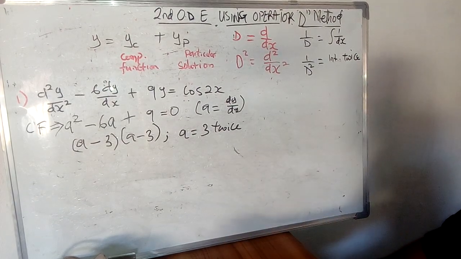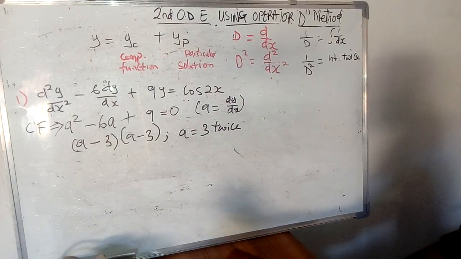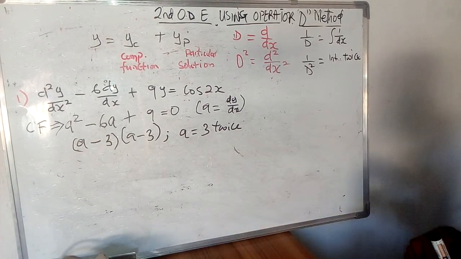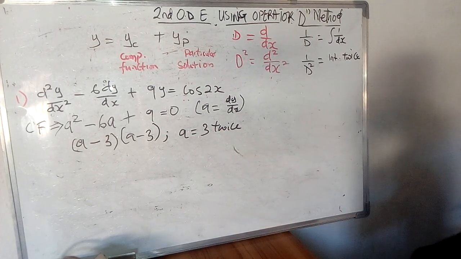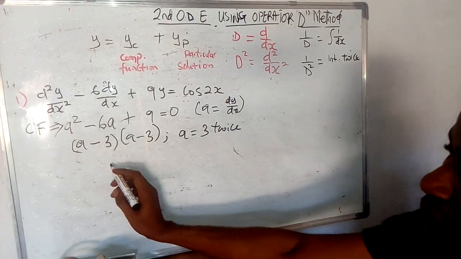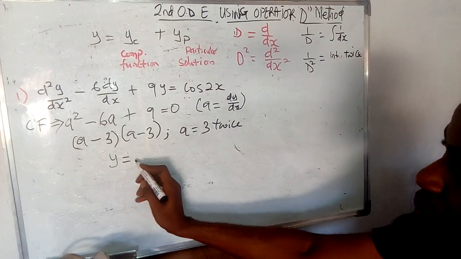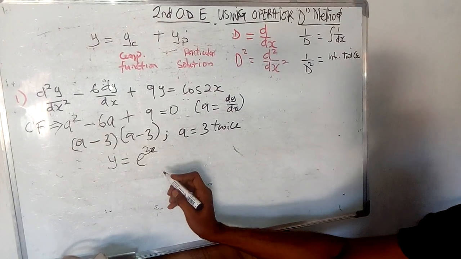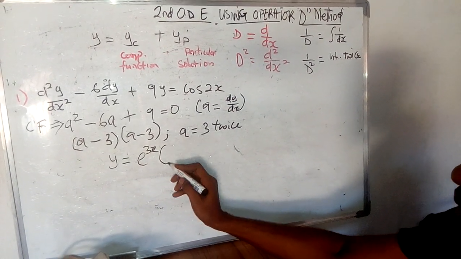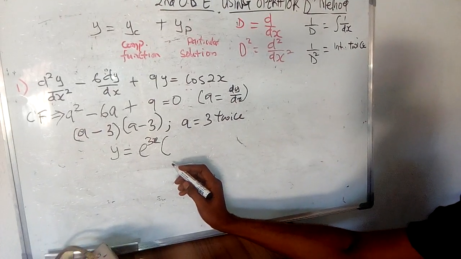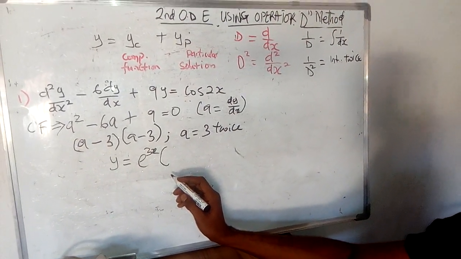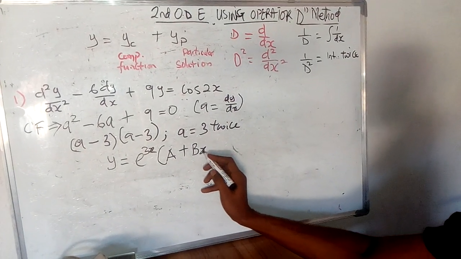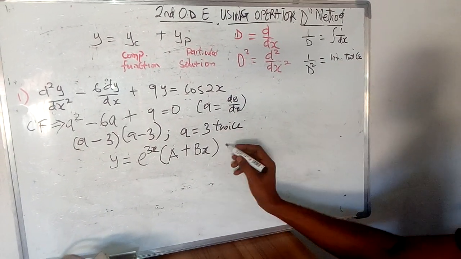Now we know that when we have equal roots for the complementary function, the general solution will always take the form of what? Our y will be e to the power 3x into a plus bx.